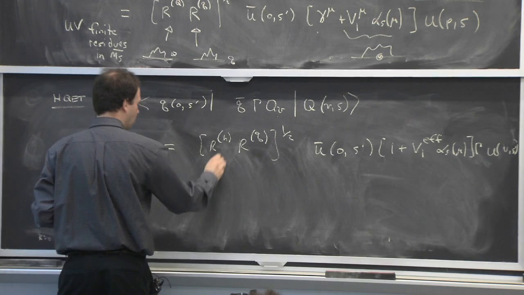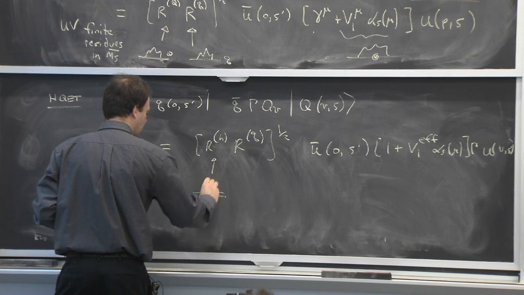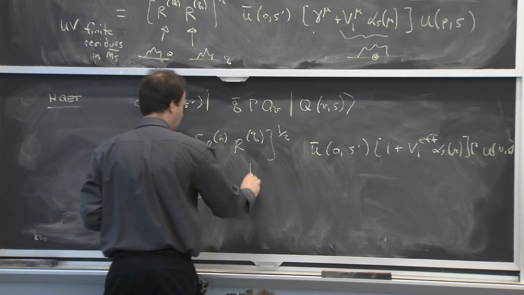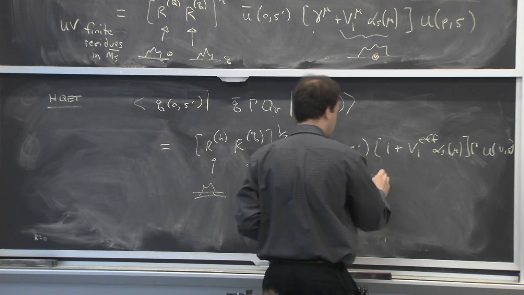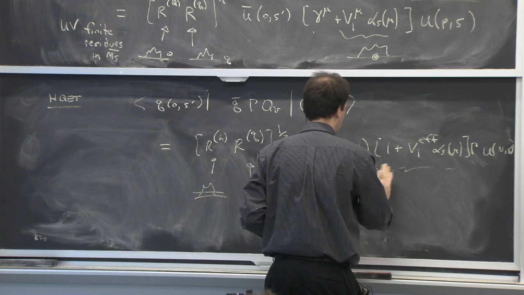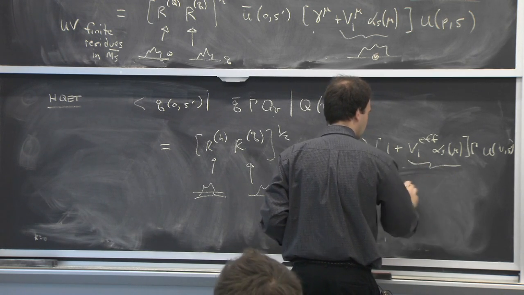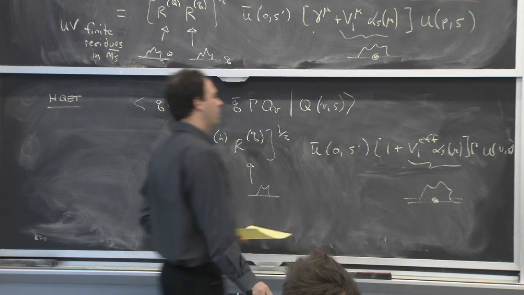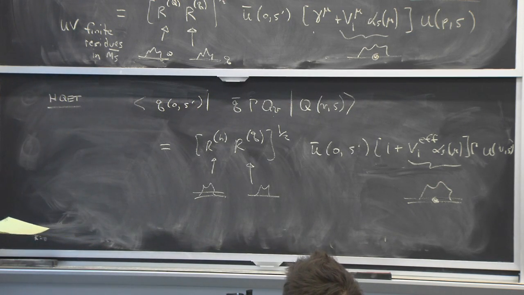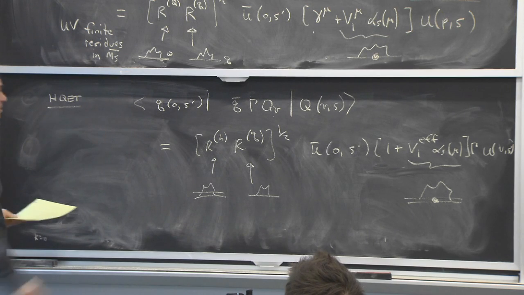So this guy here, this finite piece of this graph, will be the same as above. And this guy here is the heavy quark vertex graph, which is independent of the spin structure. It's not independent of the spin structure up there.